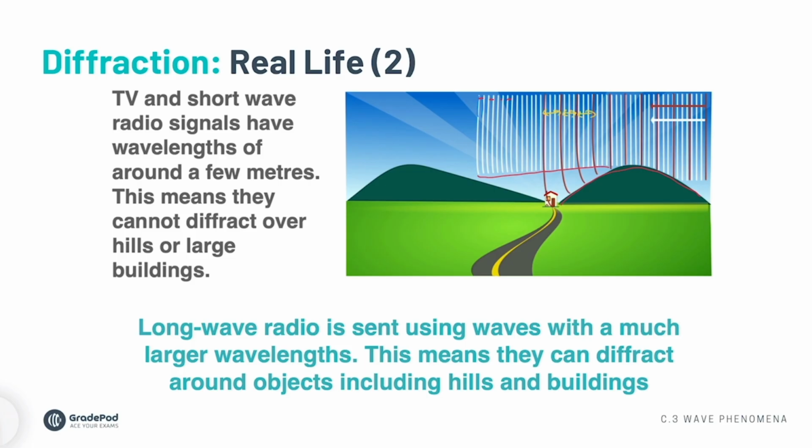It's easier for them to bend around the obstacle, and you're more likely to receive the signal at the bottom of the hill. So the lesson here is, if you live in a hilly area, listen to lower frequency radio stations or watch lower frequency television stations to make sure that you can get that signal. Or of course, use a satellite and none of this becomes a problem.